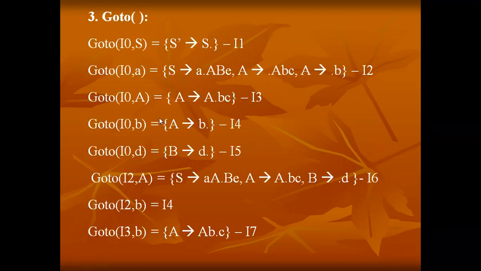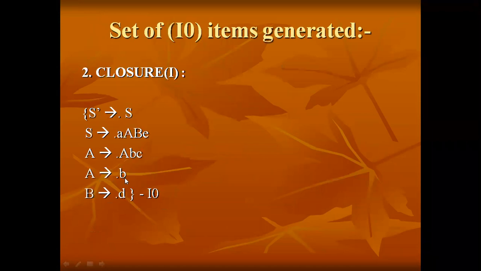After processing, the dot moves forward by calling the terminal A here, and after the dot the symbol is a non-terminal. In such a case, just write down the production rules of the A from the I naught. That means A tends to dot ABC, A tends to dot B.